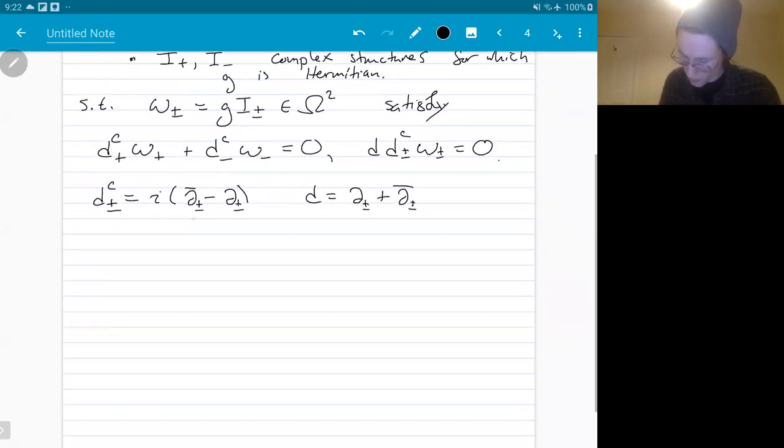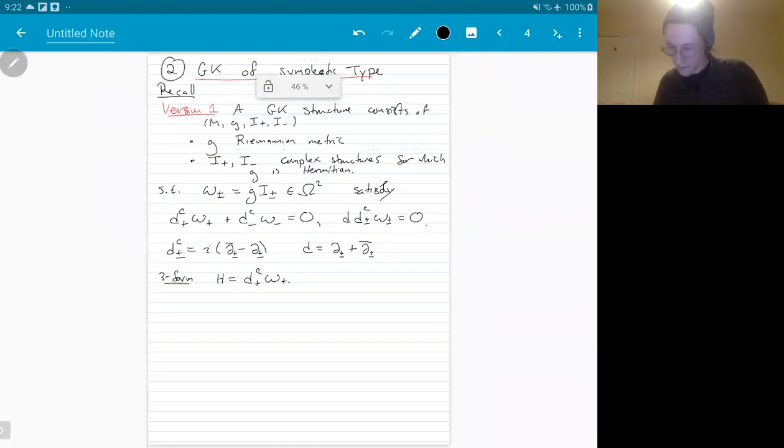If you remember in the previous talks that Marco gave, there was this 3-form that was relevant, and it's exactly this d^c plus omega plus. Okay, so that's the first definition.